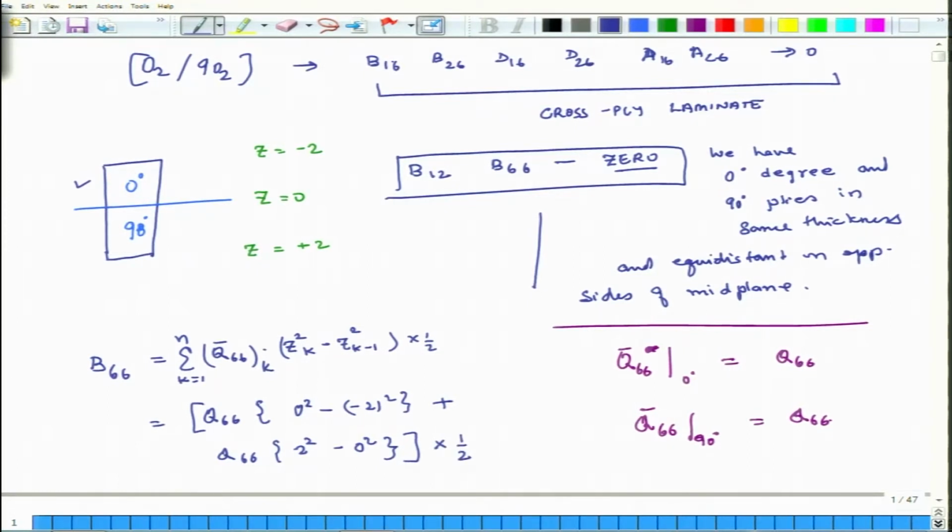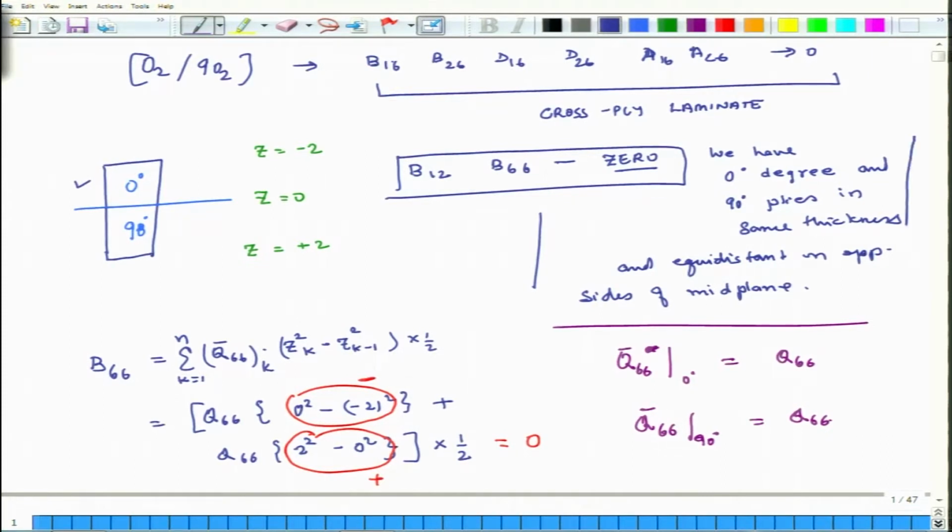So, when I add, this is a negative number and this is positive, and they are exactly equal in magnitude. So, they cancel out and the sum comes out to be 0. For this reason B66 is 0, and for the same reason B12 is also 0.